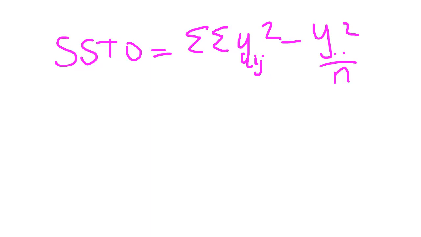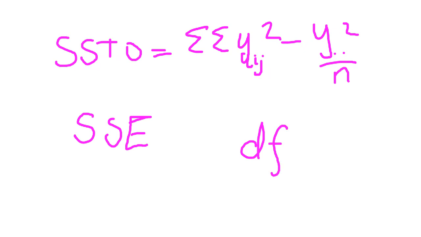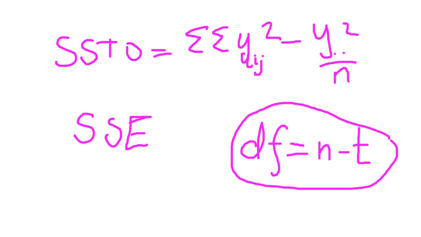But be careful when it comes to SSE. The degrees of freedom of SSE will now be n minus t instead of t times r minus 1. The degrees of freedom of error is n minus t. Are you following? Yeah, thank you, sir, I got it. Okay, another question?